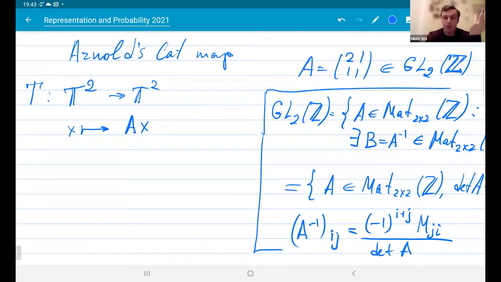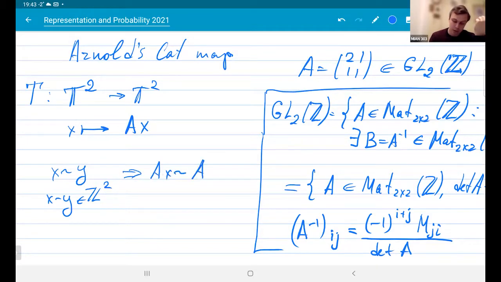But obviously, if two points are equivalent, if x is equivalent to y, this means that x minus y belongs to Z^2. Then Ax is also equivalent to Ay, that is Ax minus Ay belongs to Z^2, just because our matrix is integer. Moreover, since it's invertible, this map is also invertible, and so the map T is invertible on a torus. So in fact, it is a diffeomorphism of a torus.